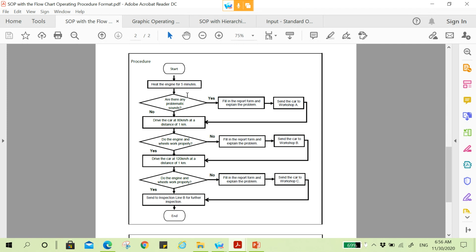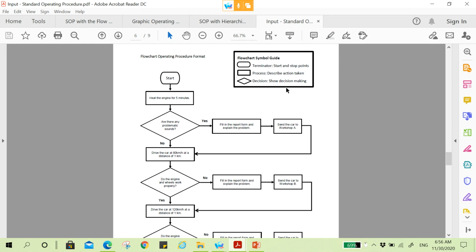So when you use a diamond, you will use it for decision making. When you use a diamond, you would fill in the diamond with questions, or specifically yes or no question, because as you guys can see here, you would have the answers either yes or no.